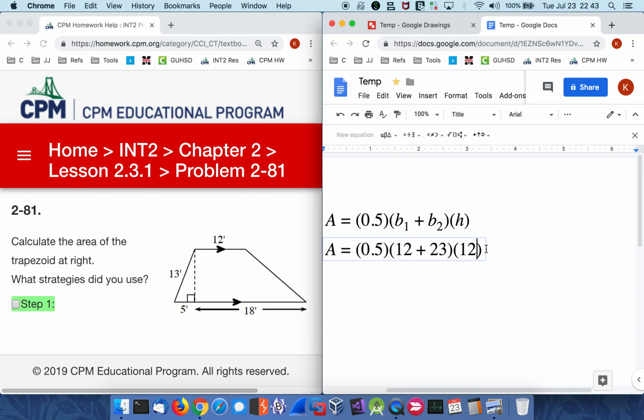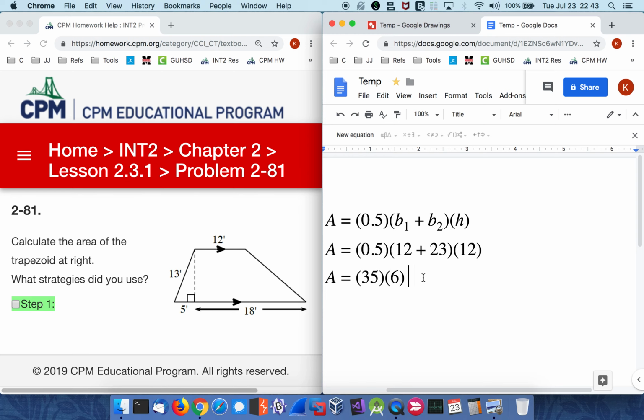So that is going to be 12. Okay. Let's do this. So 12 plus 23 is going to be 35. And at this point, we may want a calculator here. I can get half multiplied by 12. It's going to be 6. And then 35 times 6, well, let's see. 35 times 2 is 70.